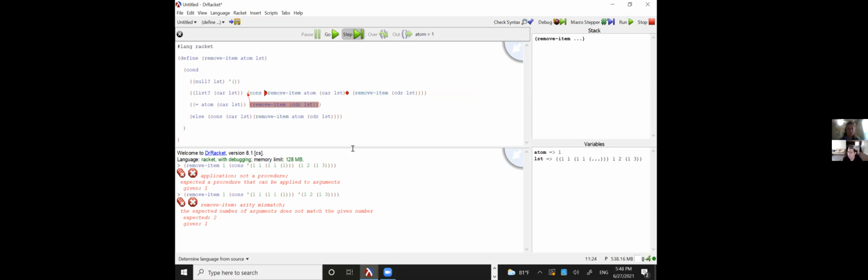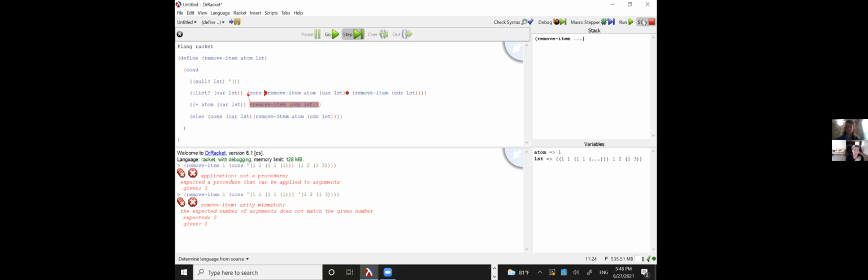Mm-hmm. The reason I think it's missing one is that on the first remove item clause right there, we have atom and then the car of the list. And on the second remove item, we don't have atom. So should we just put atom right there? See what happens? You're right. I didn't even think about atom being there. Let's try it.